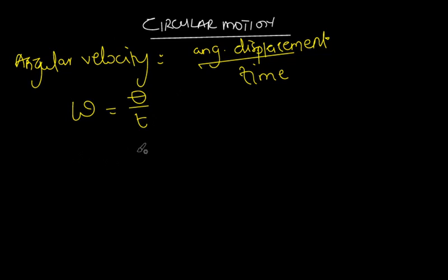So this is the formula for angular velocity, and it has the SI unit of radians per second. So it means the angle in circular motion is measured in radians, not in revolutions. Sometimes you can measure it in revolutions, but then we'll be looking at how to convert from radians to revolutions, and from revolutions to radians. So angular velocity has the SI unit radians per second.